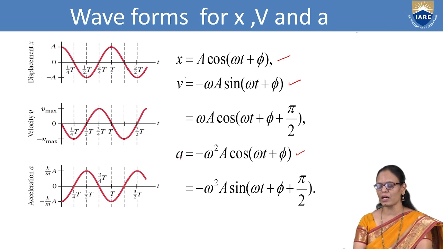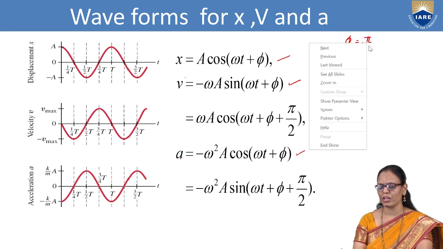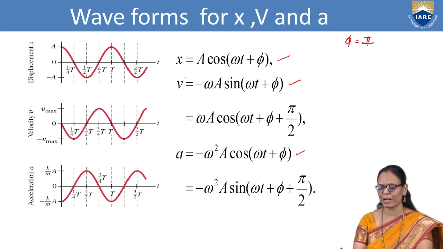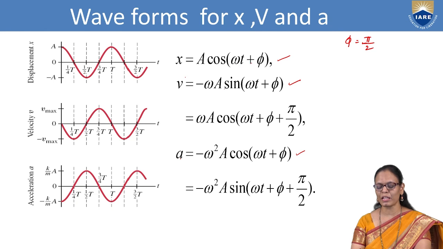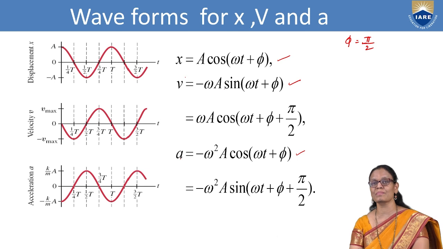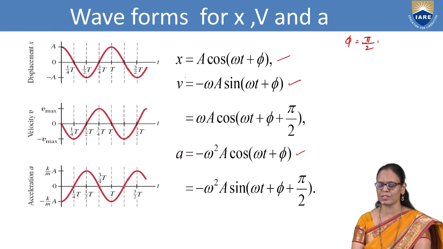But if there is a phase difference of pi by 2, so omega t plus pi by 2, it will become sine. So sometimes we denote it in terms of sine function or cos function. The only difference you have to understand here is it differs in phase by pi by 2.